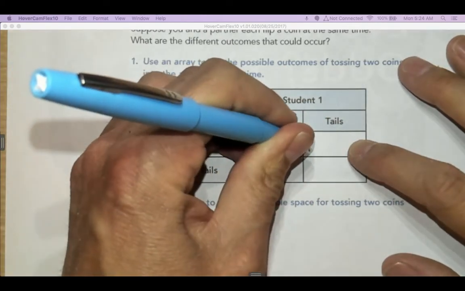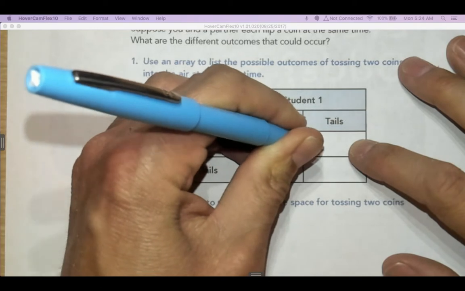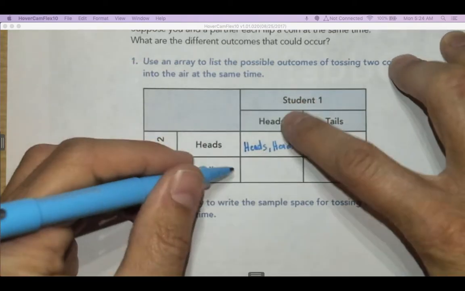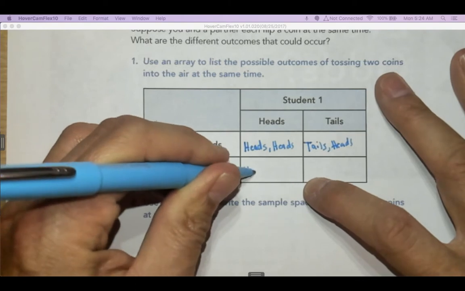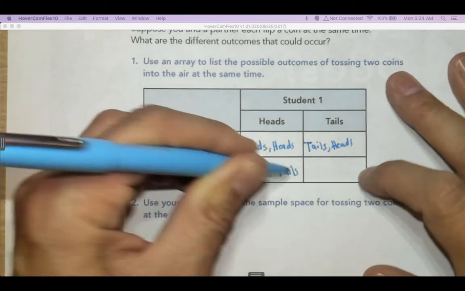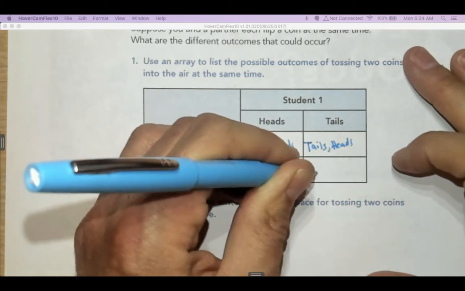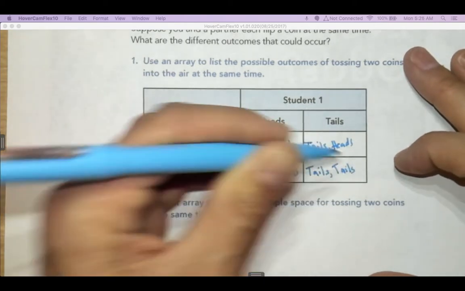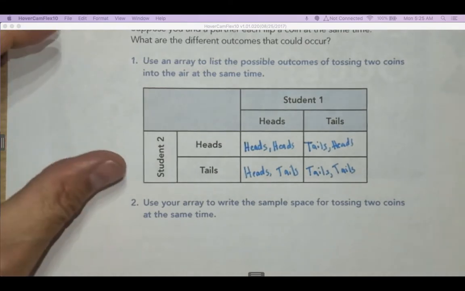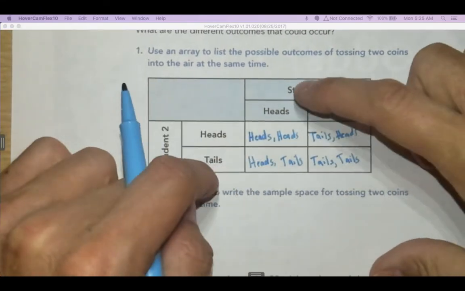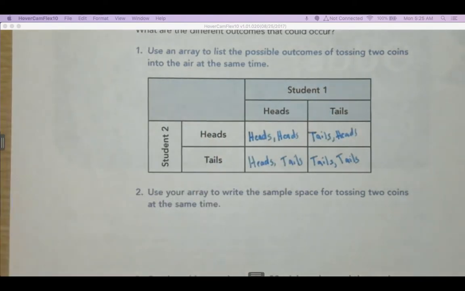And so then it would be, and it would be, then it would be, okay. And so that would be how I'm using the array. I'm bringing them into that spot, kind of like a multiplication table.